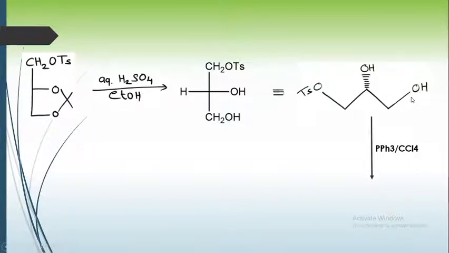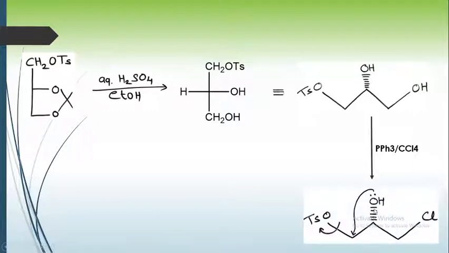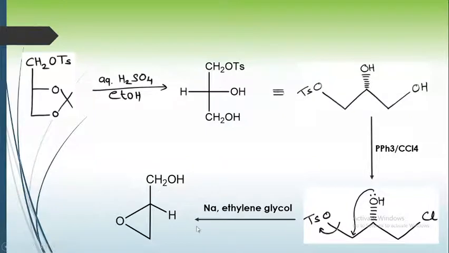Therefore, when it is reacted with triphenylphosphine and carbon tetrachloride, this OH is converted into Cl and we get the product like this. And after it reacts with ethylene glycol, we get our desired molecule, that is S-epichlorohydrin.